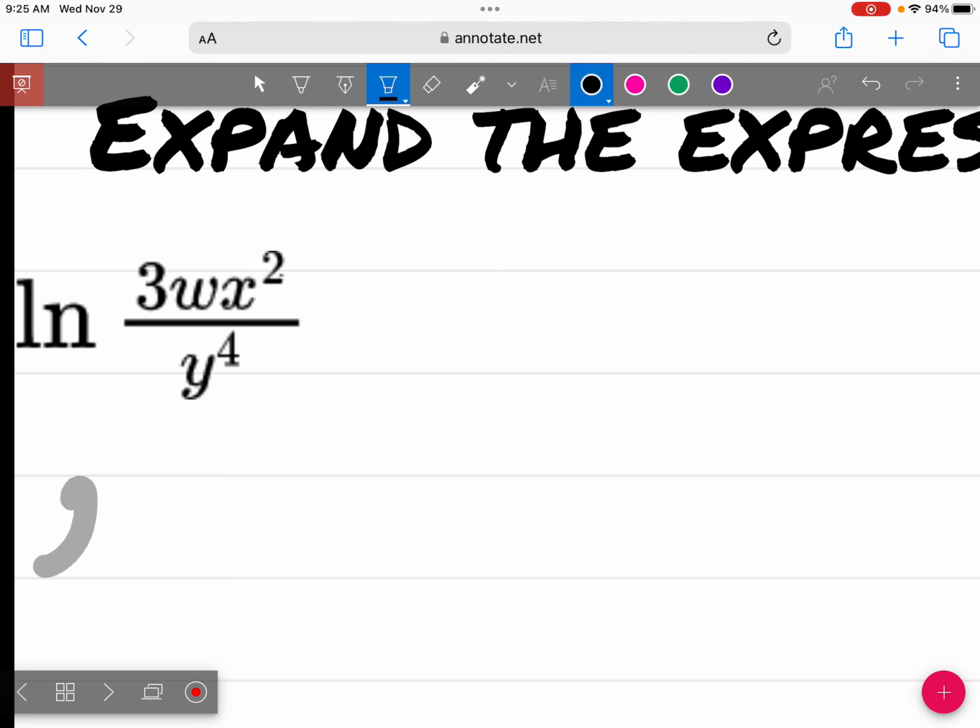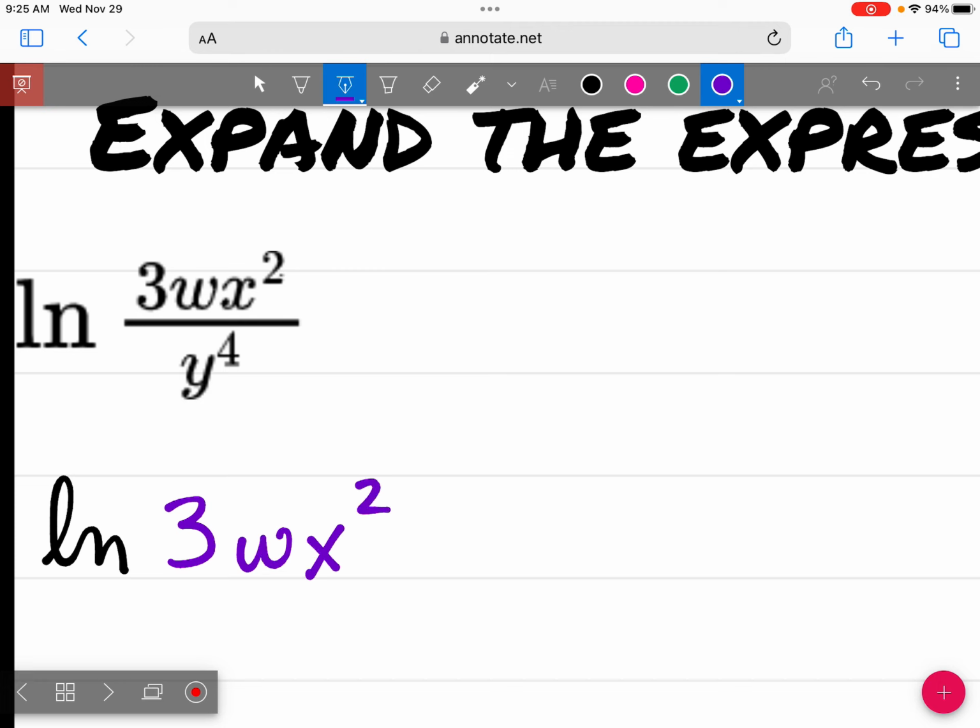The natural log of our numerator, 3wx squared, minus our denominator, the natural log of y to the 4th.